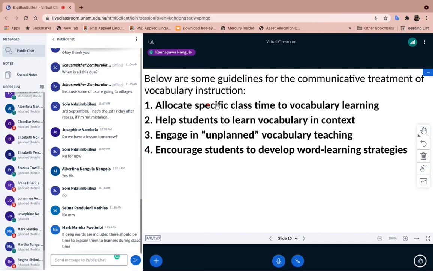All right, moving on. Okay, maybe I shouldn't say anything to this point because we have got 3 minutes. I just want you to tell me, number 2, what do you think this lesson is going to be about? Help students to learn vocabulary in context. What do you think that means? All right. And then for number 3, engage in unplanned vocabulary teaching. What do you think that means? And then number 4, encourage students to develop word learning strategies.